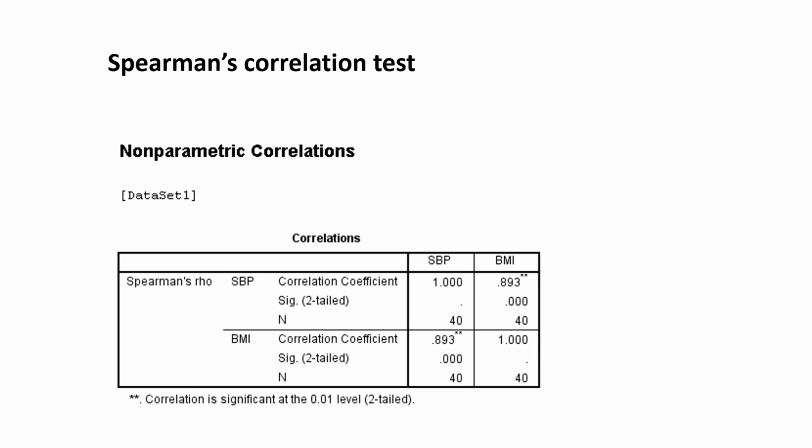Correlation coefficient can vary from -1 to +1. -1 means perfect negative correlation, +1 means perfect positive correlation. Here correlation coefficient is 0.893, so it is a strong positive correlation. Look at the significance value, it is 0.000, which is less than 0.01. So it is statistically significant. Understood?